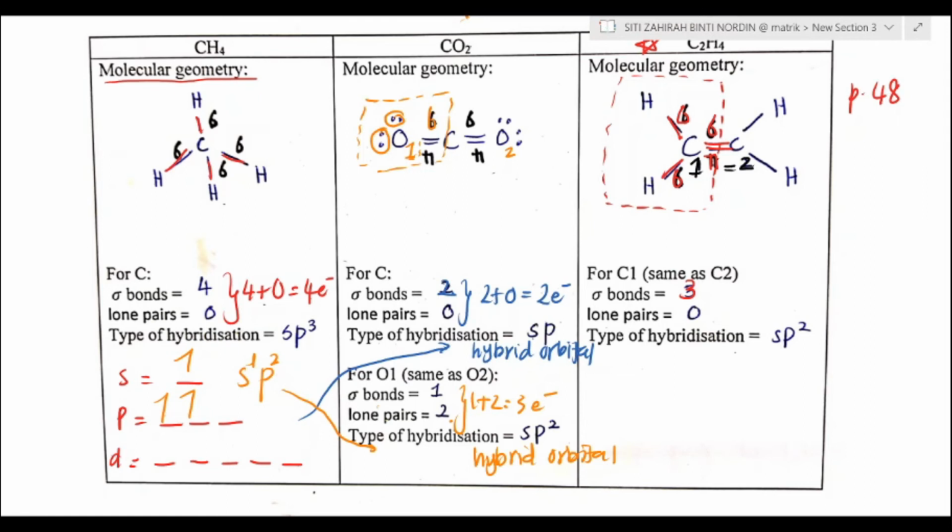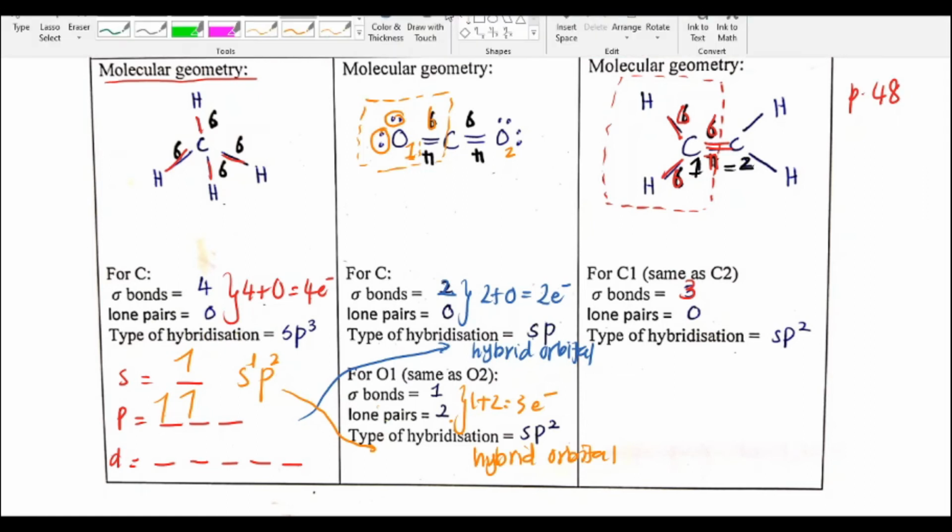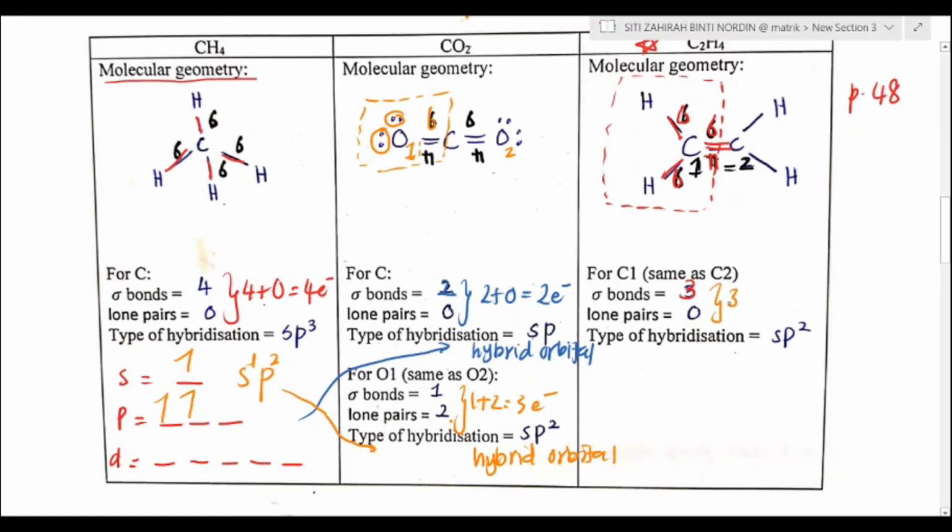Okay, so fill it in. So 3 plus 0 would be 3 electrons. So 1, 2, 3. So that would be s1p2. So sp2 type of hybridization. So check your terminal atom. It is bonded via single bond, same as CH4. So you don't have to determine the type of hybridization.